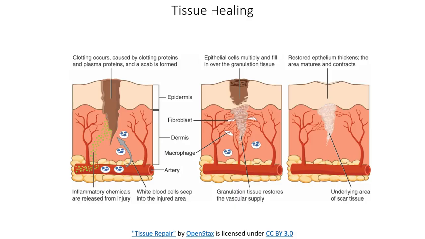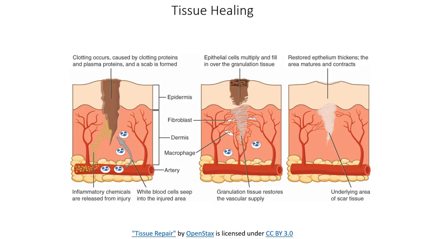As soon as that injury happens, those damaged cells are going to release special chemical signals that cause something called vasodilation, which is blood vessels expanding. They're going to stretch a little bit. That is going to increase blood flow to that area, and that's how we get that increased redness and heat, is more blood flow is coming to that area.